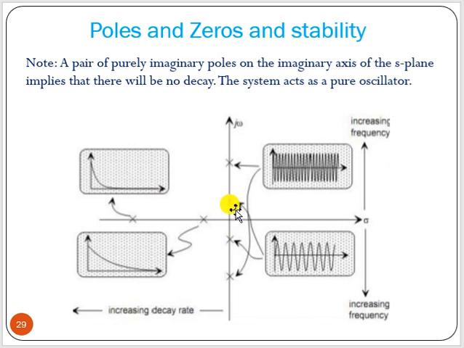Now say on the j omega axis, if there is a pole, what happens? A pair of purely imaginary poles on the imaginary axis of the S-plane implies that there will be no decay. If it is on the imaginary axis, there is no decay. That means the system acts as a pure oscillator. See here, for these two poles, complex poles always come in conjugate pairs.